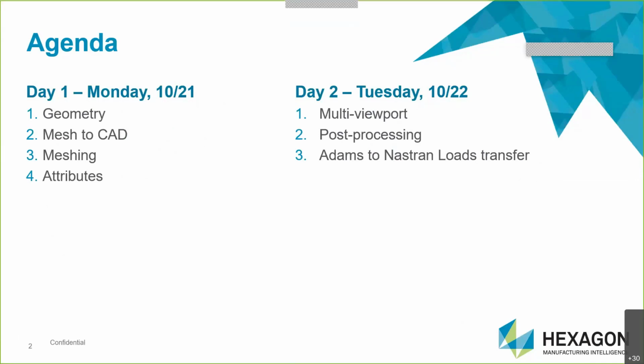We're hoping that we get finished in advance of 2 hours today. Tomorrow, we have a big day where we introduce multi-view capabilities, post-processing, and then the major project, a very big project, which is Adams to Nastran loads transfer.